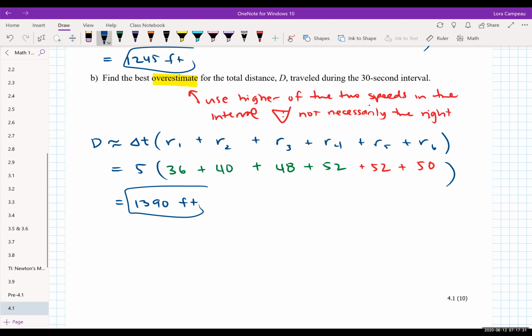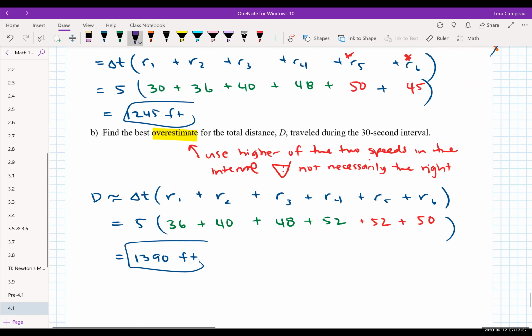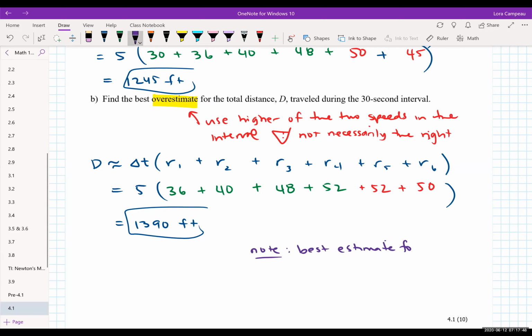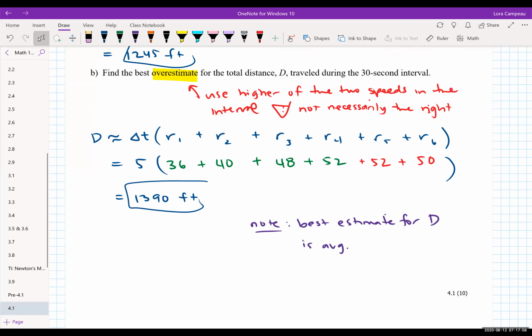And if you were interested, a little note, that's all we had to do, overestimate, underestimate. What would be the best estimate for our total distance? It is if you take the average. We kind of played with this idea already, but we were thinking like derivatives and slopes of tangent lines.